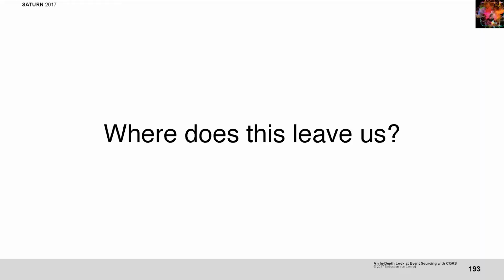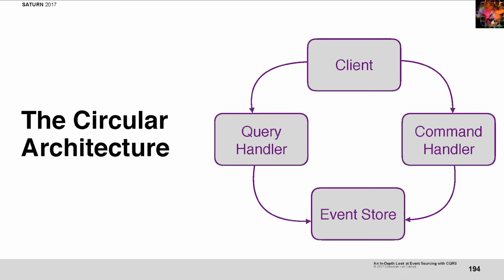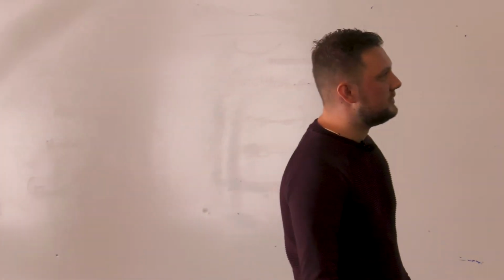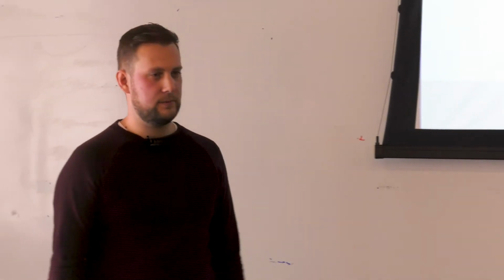So, where does all of this leave us? Where are we at in our architecture right now? Well, we have what we call the circular architecture, which means that we have a client interacting with the command handler on one side and a query handler on the other side, and both of them interact with an event store.